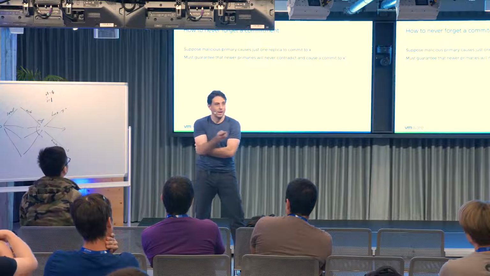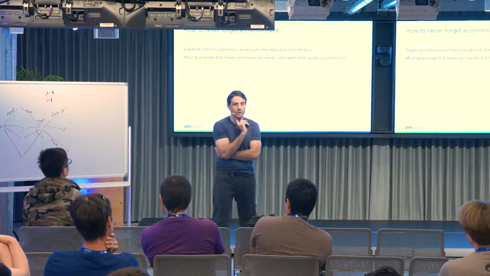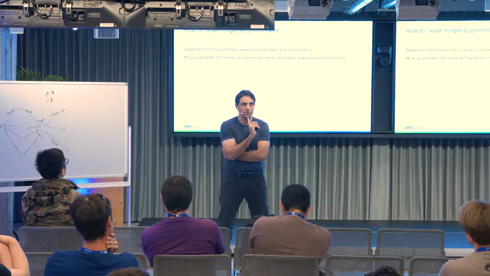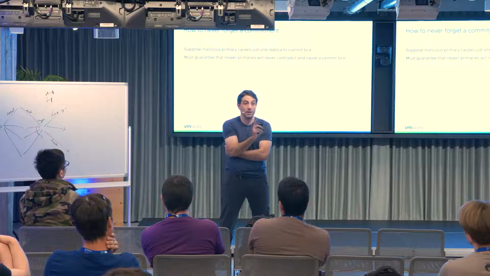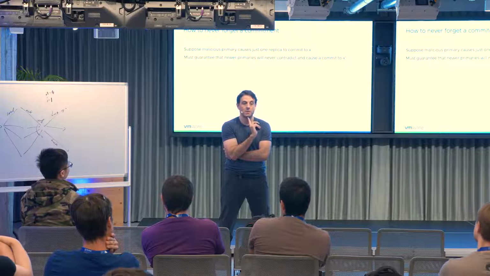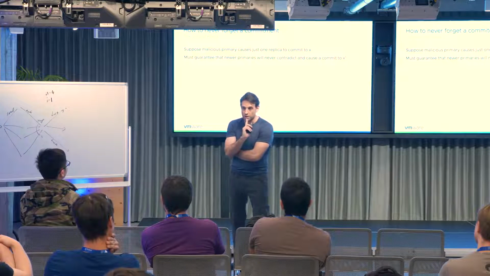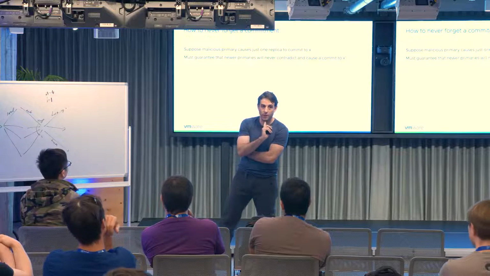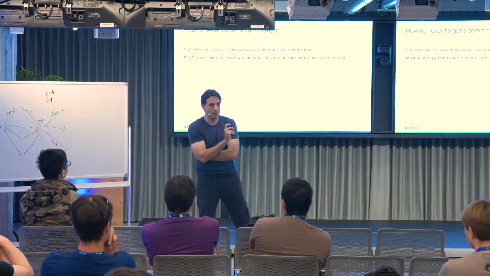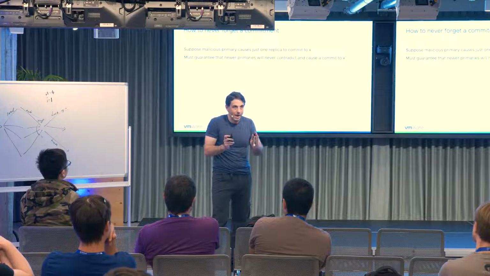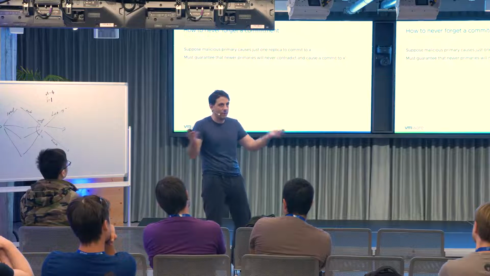Anybody else with any other idea? How can we solve this? So one approach, if we assume synchrony, is the Dolev-Strong approach: before I commit, I broadcast the message I received to everybody.